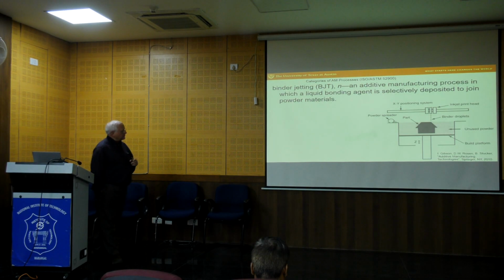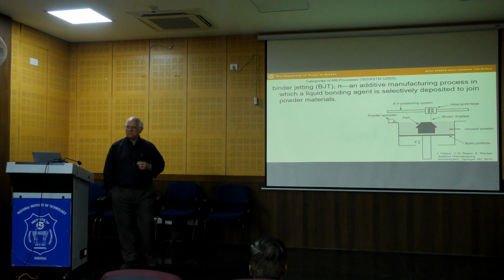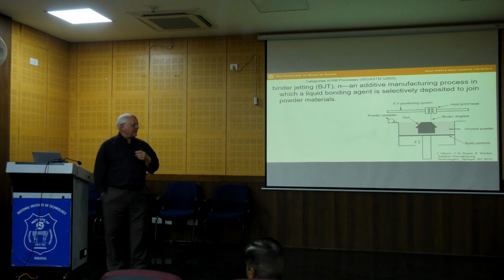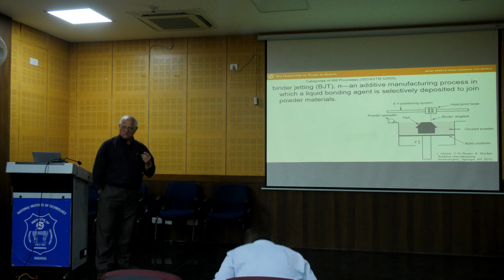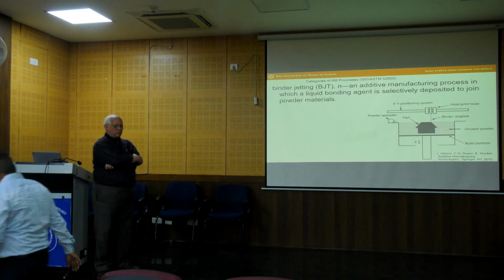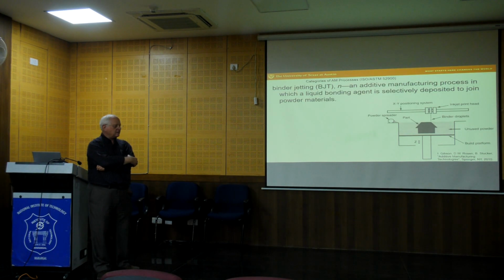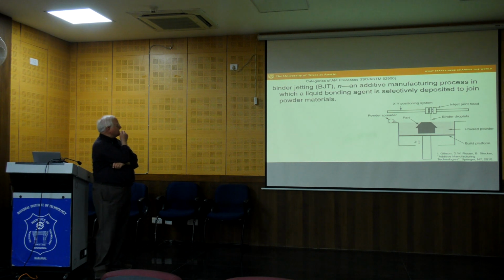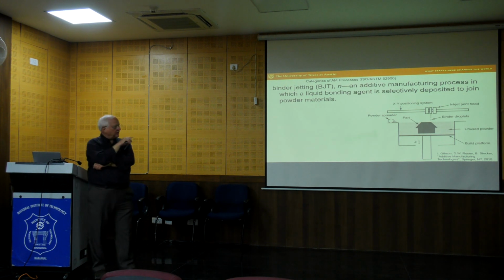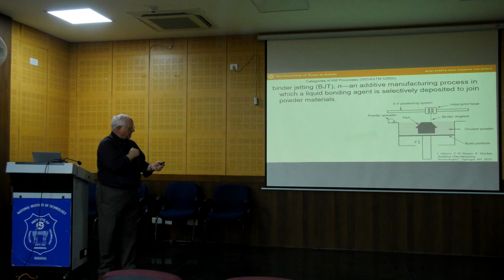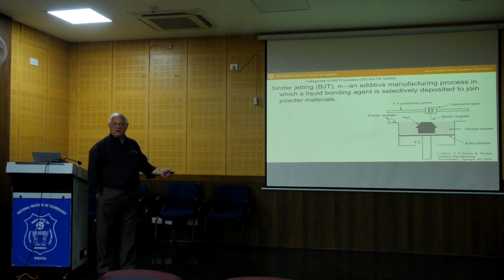Now the next one is binder jetting. I mentioned this was the original 3D printing. It came from MIT. Ely Sachs and Mike Cima were professors there, and they developed this technology in the very early 1990s. With binder jetting, there's typically an XY gantry with print heads.